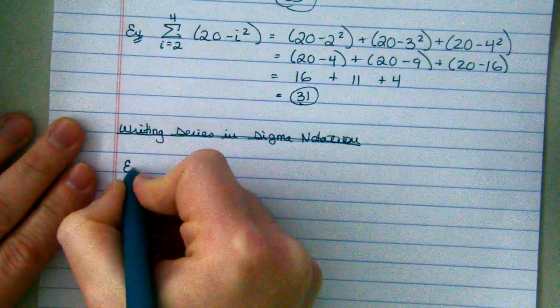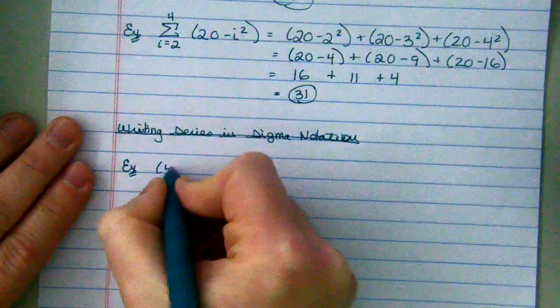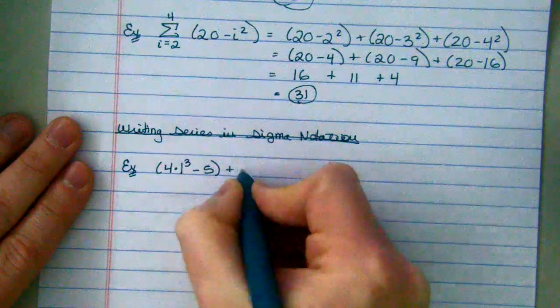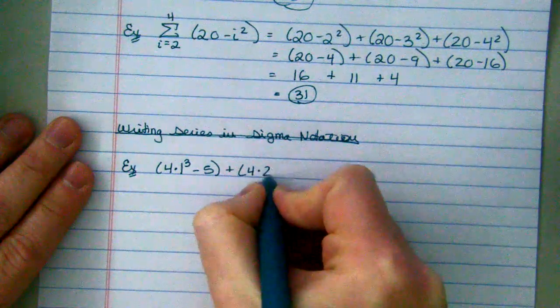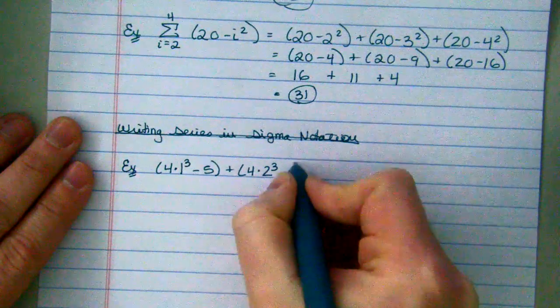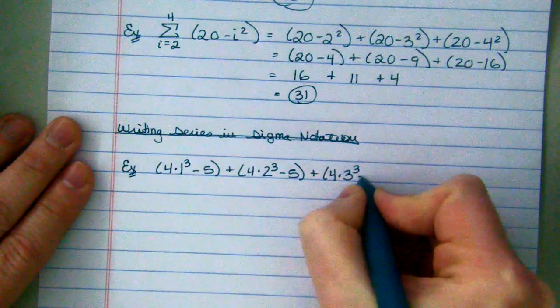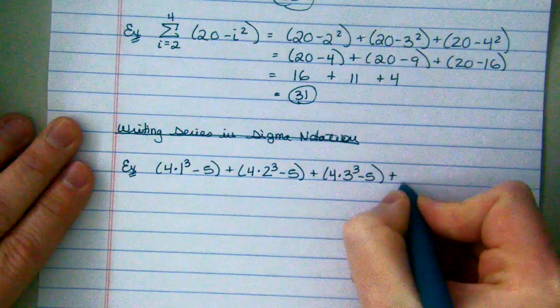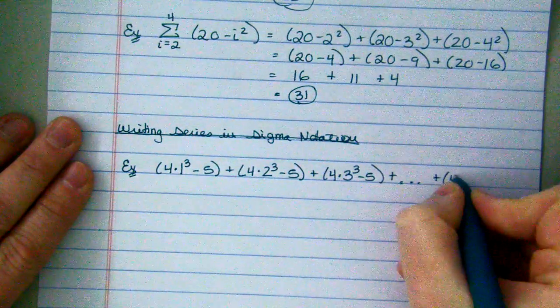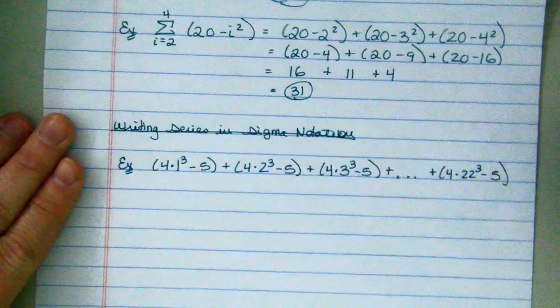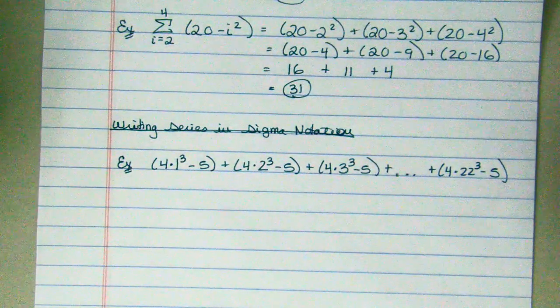For example, let's take a look at the sum 4 times 1 cubed minus 5 plus 4 times 2 cubed minus 5 plus 4 times 3 cubed minus 5 plus dot dot dot plus 4 times 22 cubed minus 5. Please copy that down.